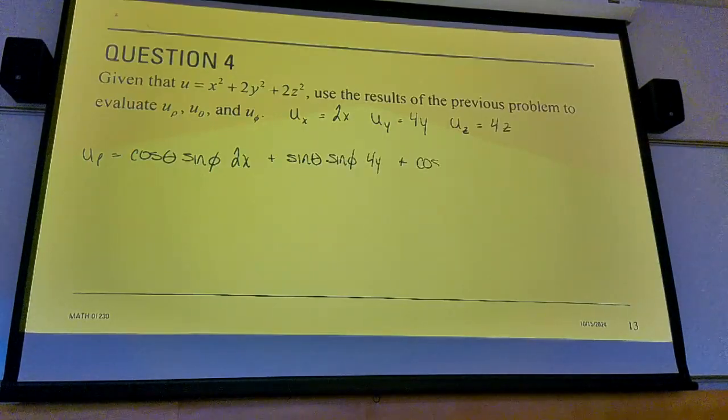But we can't stop there, because now this whole thing has to be evaluated in spherical coordinates. So I'm just going to represent it that way, just for the sake of space.